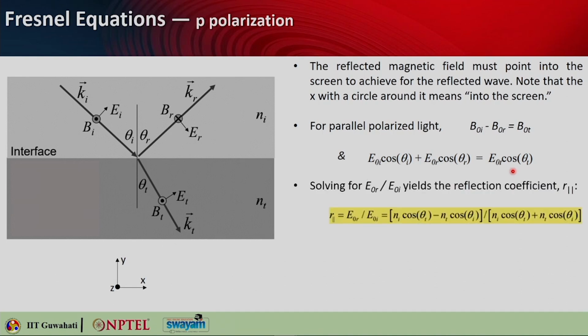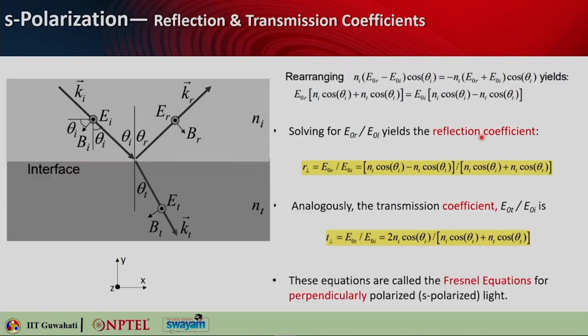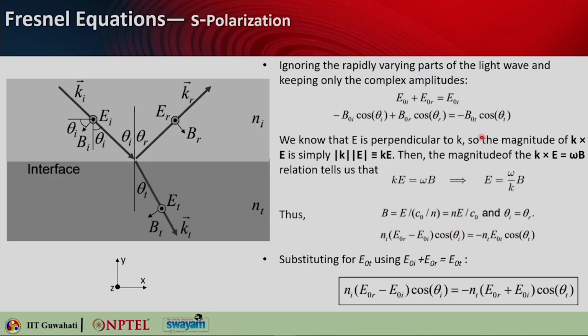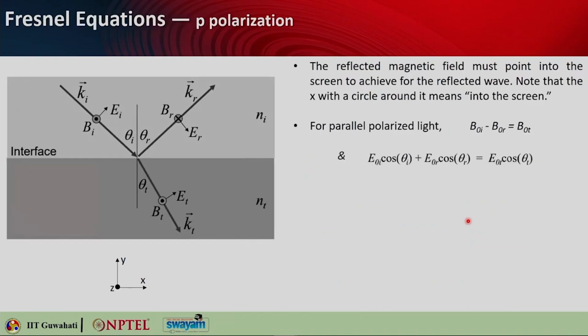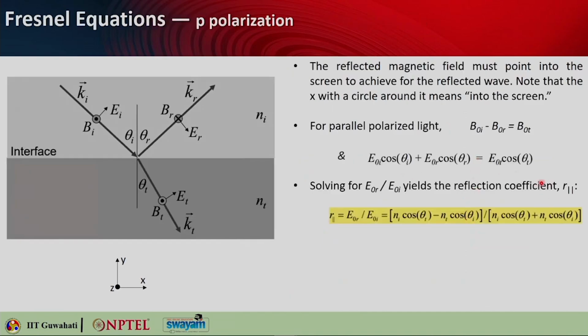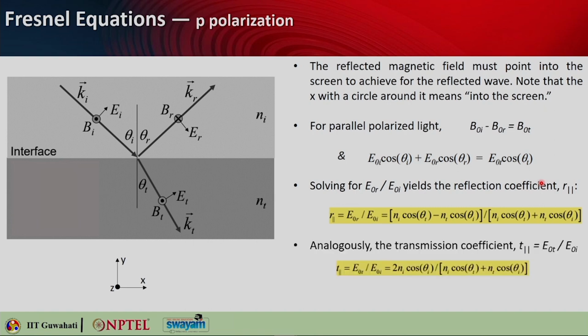Now what next? We need to convert these magnetic fields into electric fields. How do you do that? B equals N E over C. So this equation you can use here, and you get everything in terms of electric field.